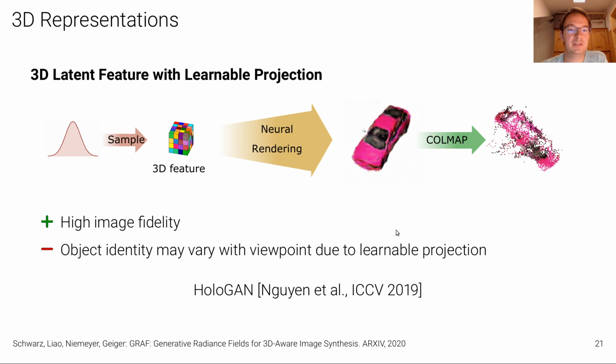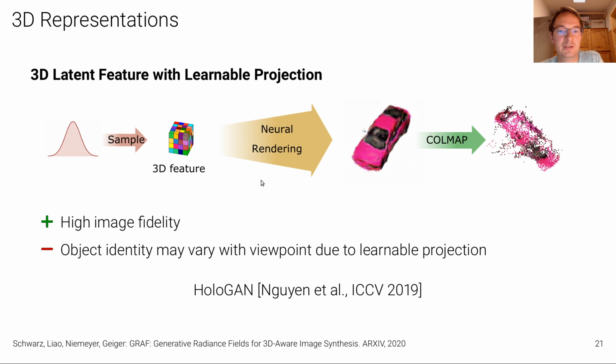HoloGAN is a representation that uses a 3D voxelized feature representation that is then convolved by 3D convolutions and rotated into the viewpoint, and then convolved by more 2D convolutions, a neural rendering step, in order to yield the final image. What we observed is that HoloGAN leads to high image fidelity, as you can see from here, but the object identity may vary with the viewpoint due to the learnable projection.